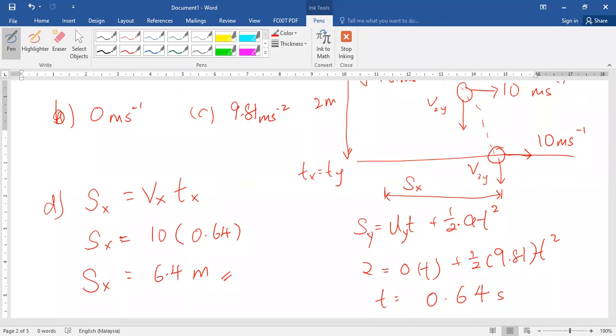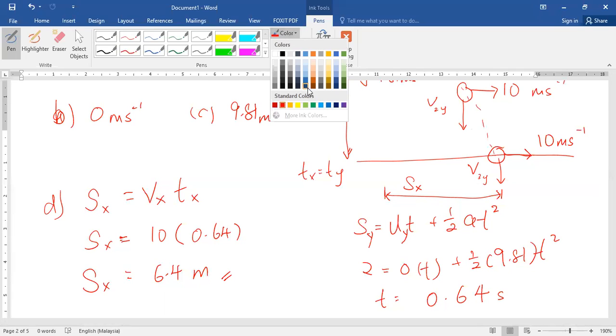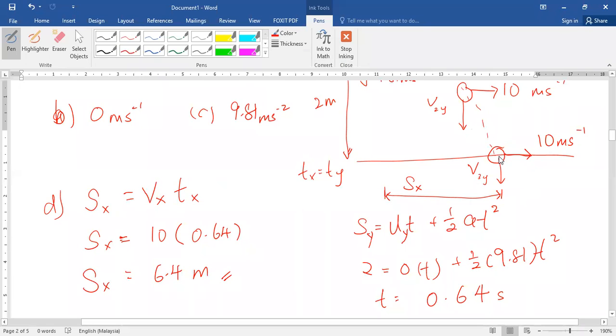Okay, now we want to find out, I change the color, we want to find out the V when it reached the ground. Okay, so for this part, what is the VR?